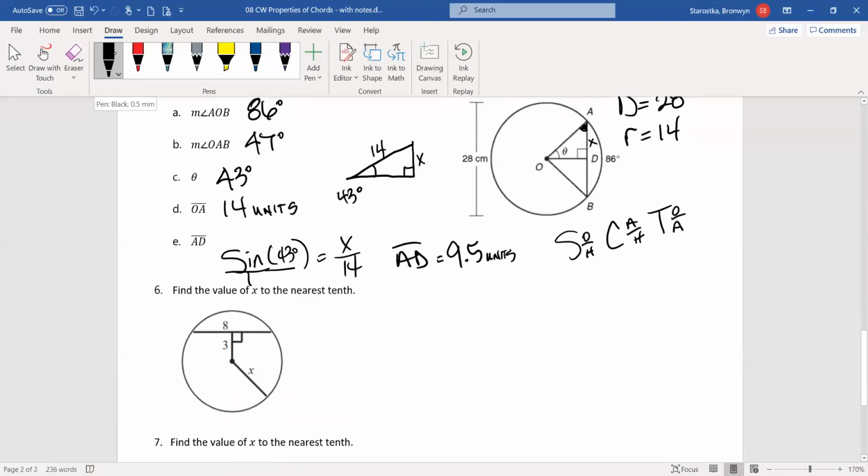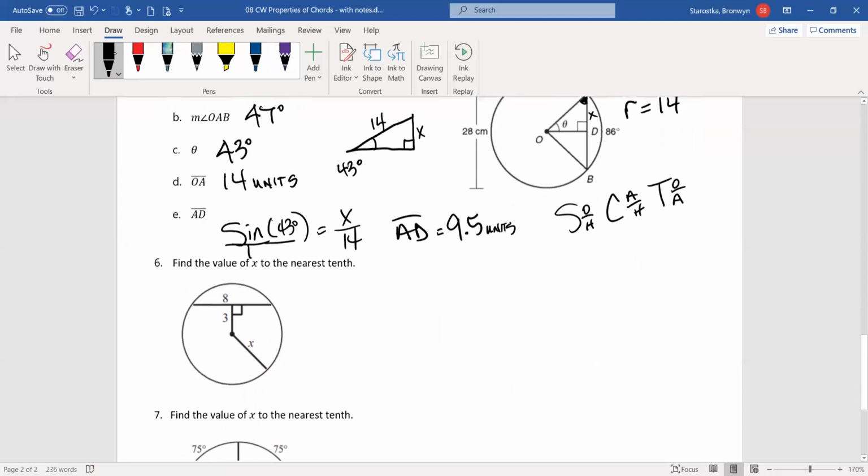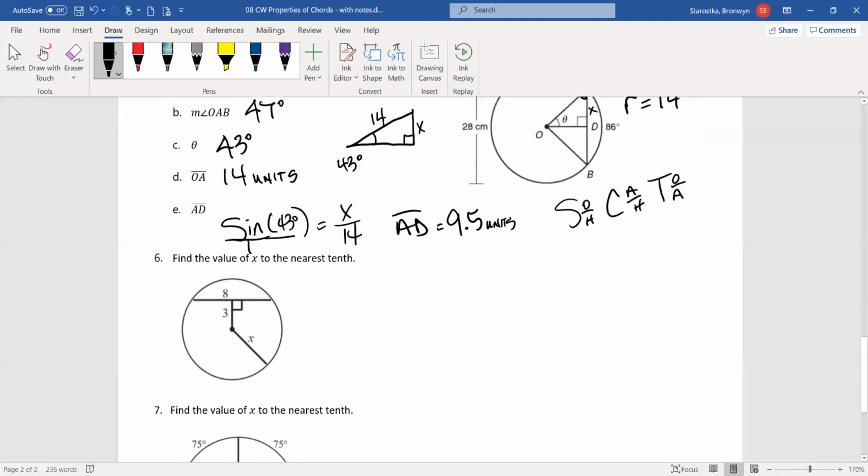Next problem. We want to find x to the nearest tenth. Well, let's see. X is a radius, and this is one of those problems where you're going to have to recognize that that radius can swing around because all radii are the same length. This is also x. And that 8 can be broken in half for 4.